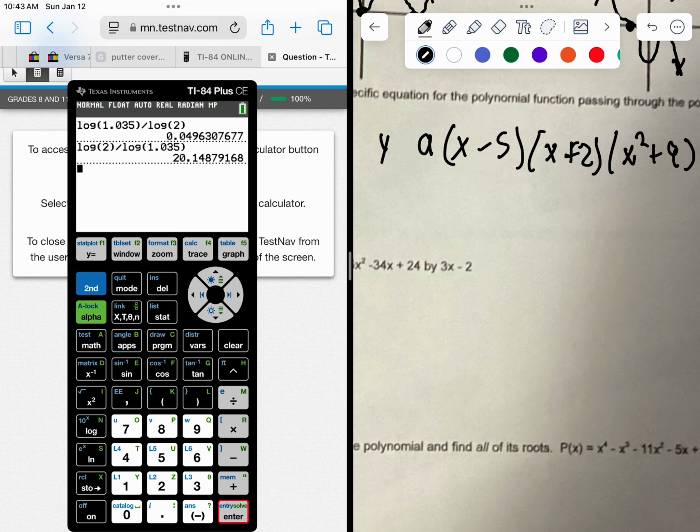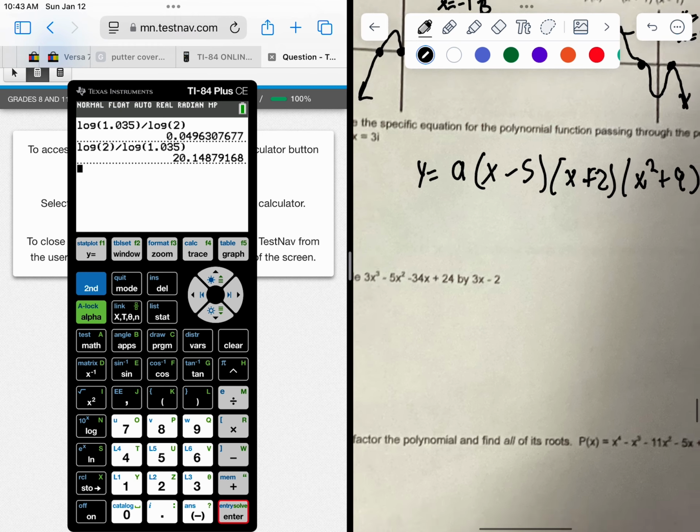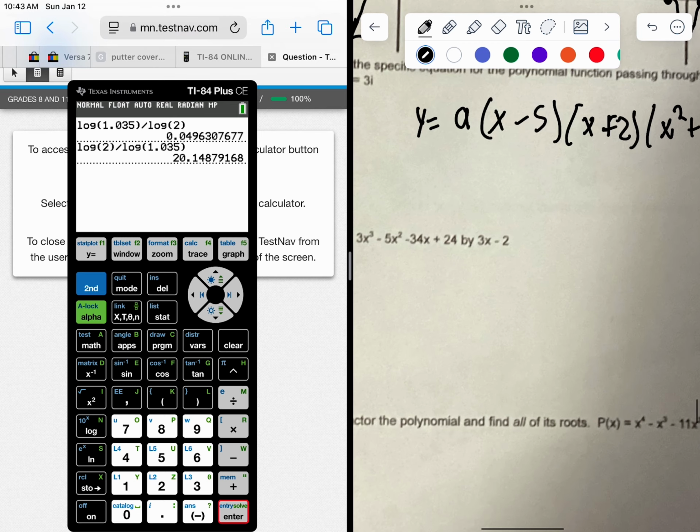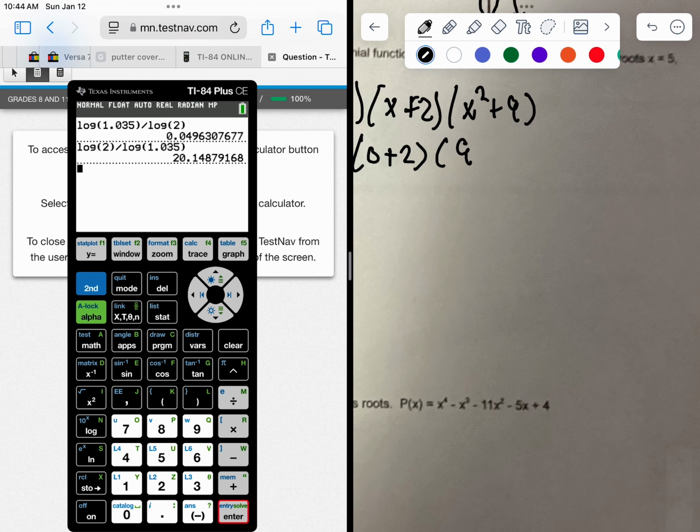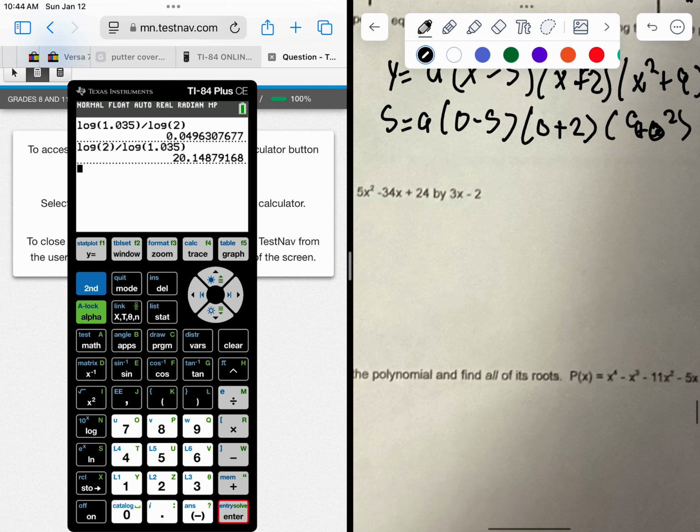Alright, and then we have a point. We're going to plug the point in. 5 equals a times 0 minus 5 times 0 plus 2 times 0 squared plus 9. Alright, -5 times 2 is -10. -10 times 9 is -90.